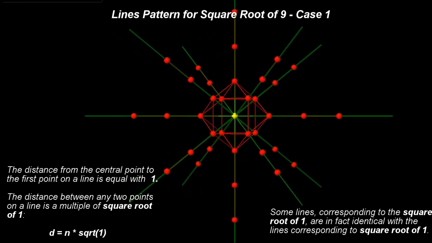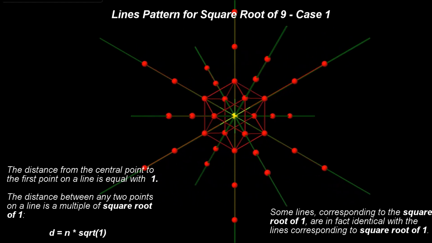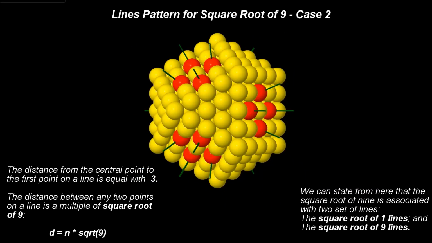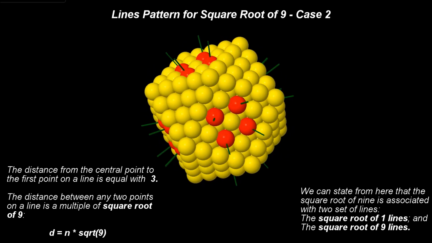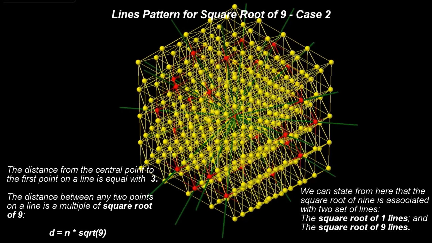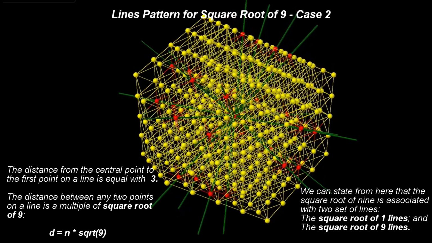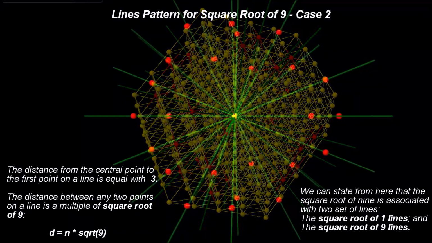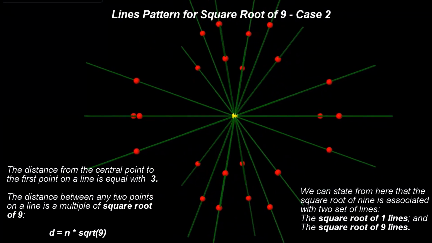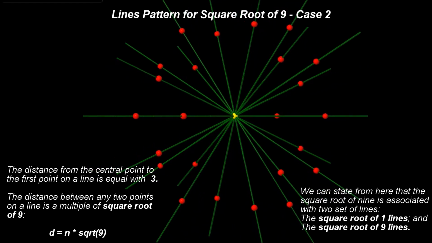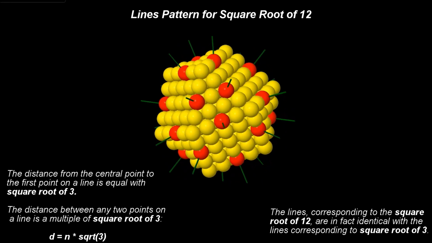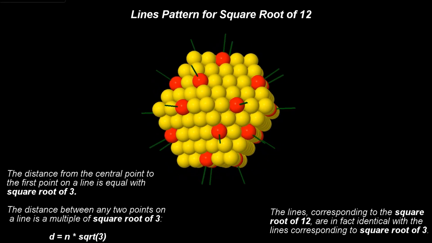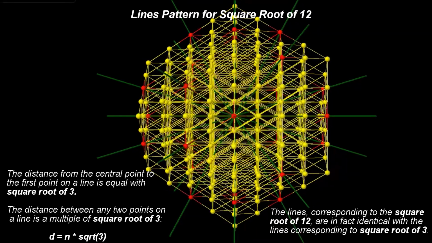There are also some lines corresponding specifically to the square root of 9. For these lines, the distance from the central point to the first point on the line is equal to the square root of 9. We can state from here that the square root of 9 is associated with two sets of lines. The square root of 1 lines, and the square root of 9 lines.